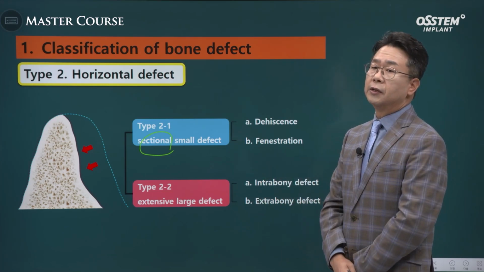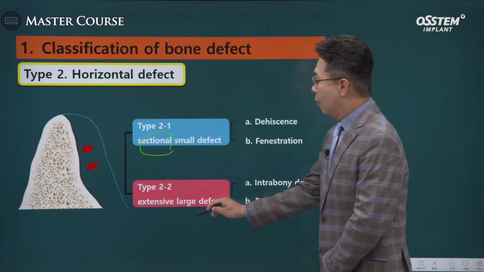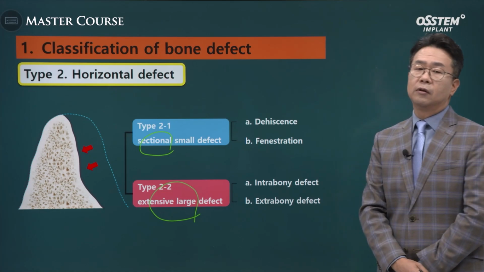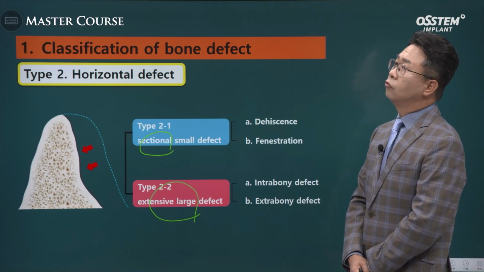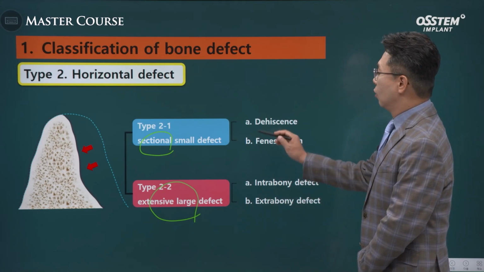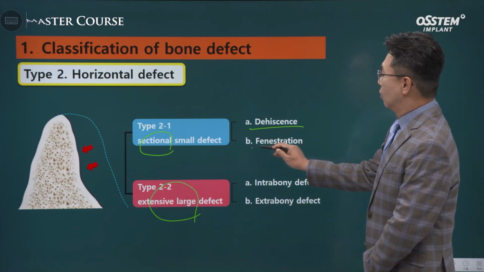We can divide into two scenarios in this case, where there is a small defect and where there is extensive defect. When we place one or two implants, depending on the situation, there can be dehiscence or fenestration.